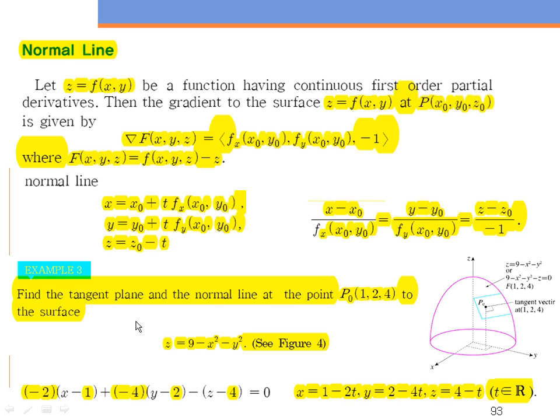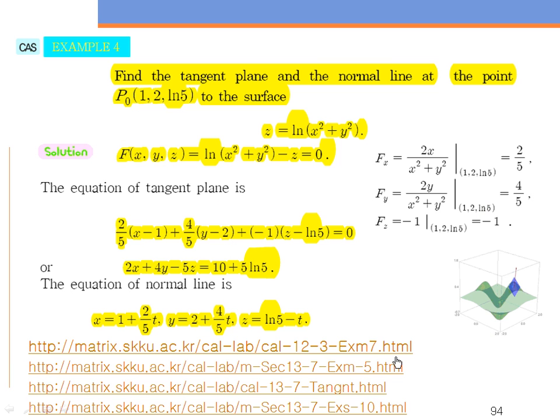The partial derivative of capital F with respect to y is minus 2y, but you plug in 2 there, so minus 2 times 2 makes it minus 4. And the partial derivative of capital F with respect to g is minus 1. So that gives a minus 1 here. That gives us this equation, which is a tangent plane, which can be written as a parametric equation like this.